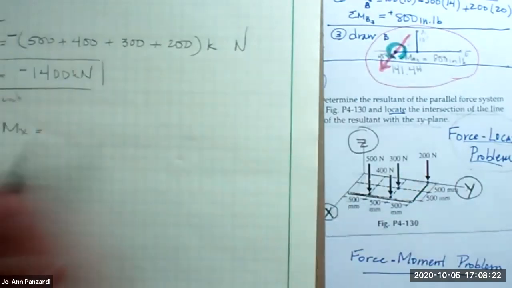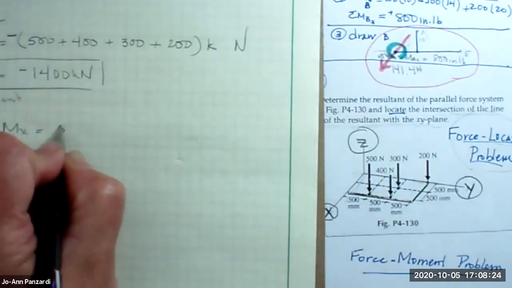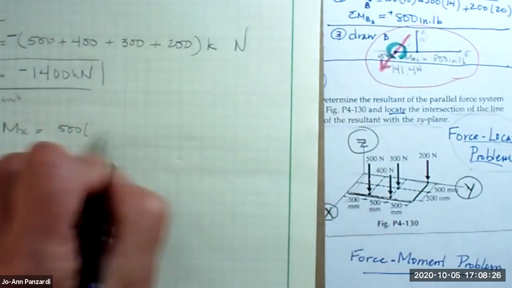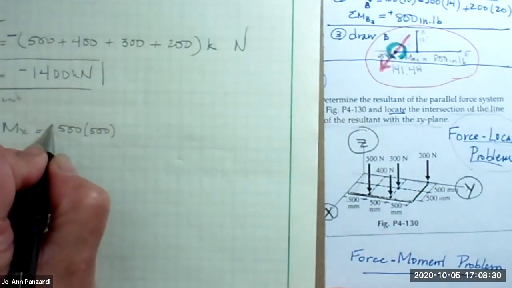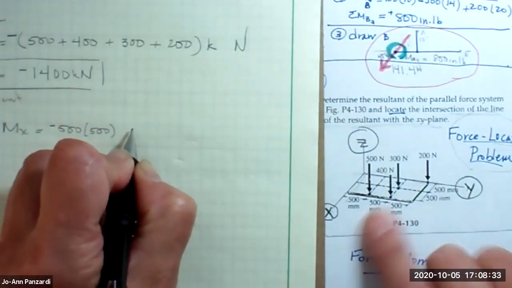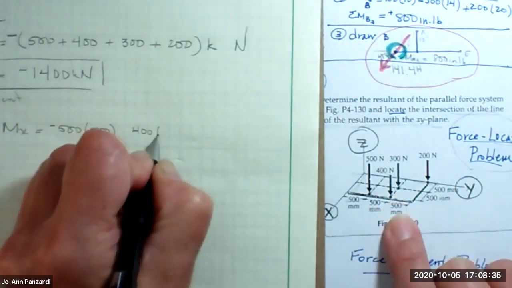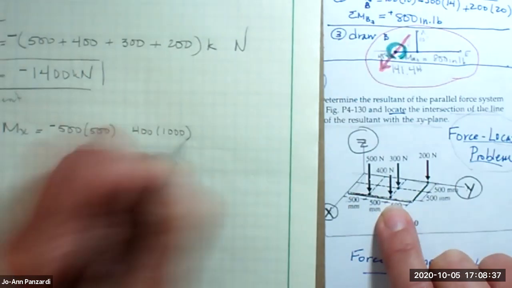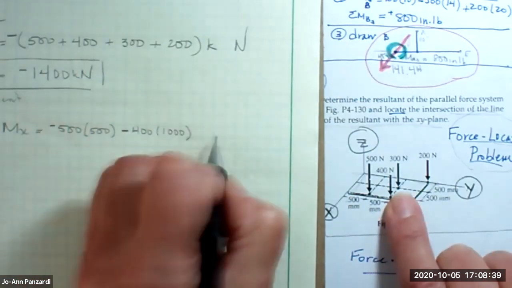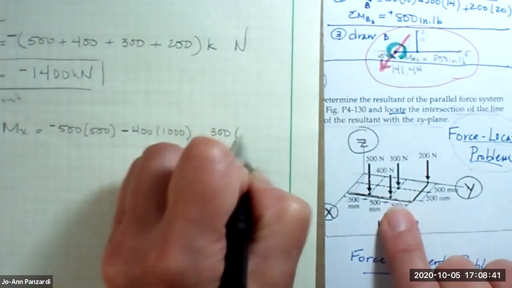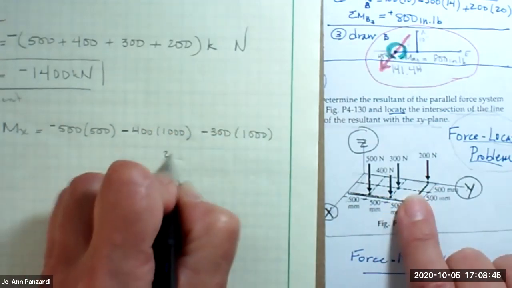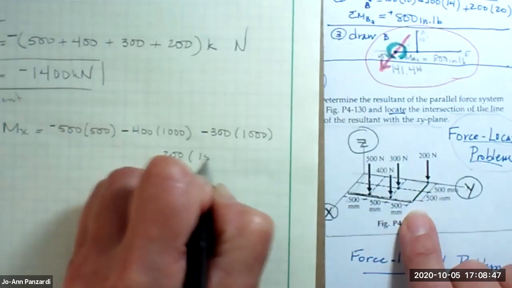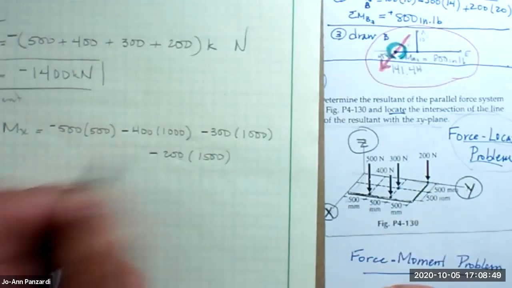So the first force is 500, and the perpendicular distance is 500, and it creates a negative moment. The next one is 400, and the perpendicular distance is 1,000, and it creates a negative moment. The next one is 300, perpendicular distance is 1,000, negative, and then 200 times 1,500, and it's also negative.